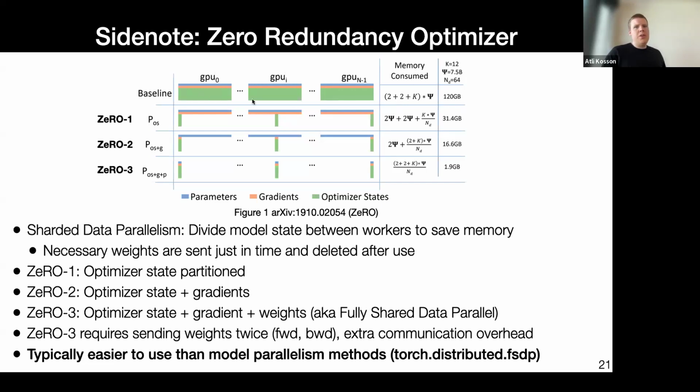So if you just do it naively with standard distributed data parallel training, you need 120 gigabytes of memory to just store the model and the optimizer state on each GPU. If you do the sharding, you can get it down to 2 gigabytes, which means in practice, 120 gigabytes wouldn't fit on an A100. Like 2 gigabytes fits very well.